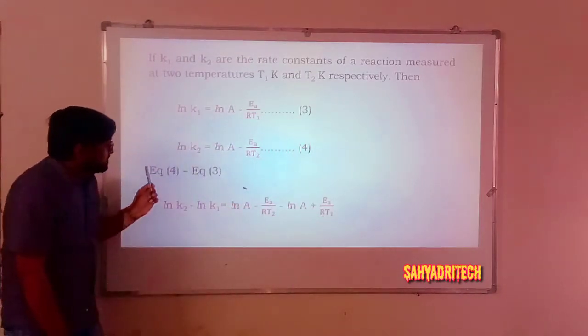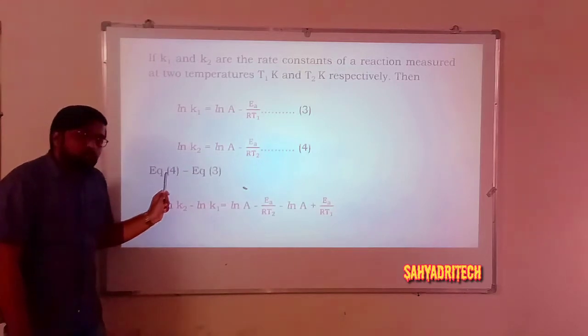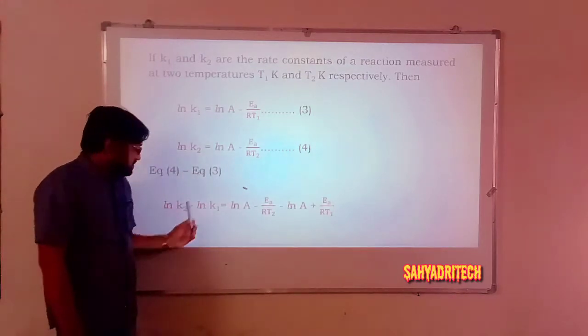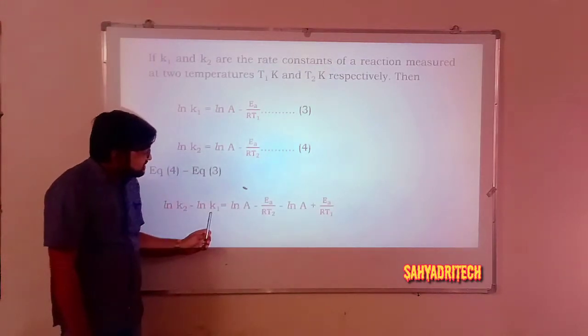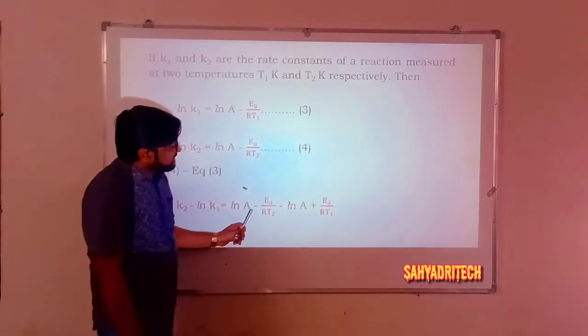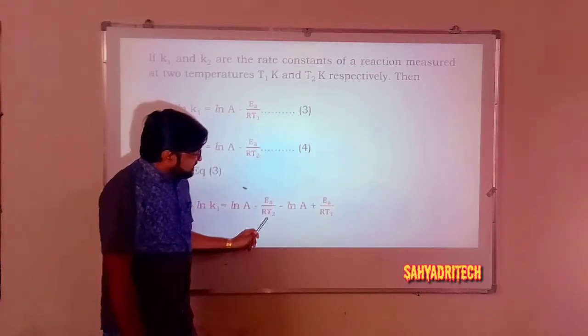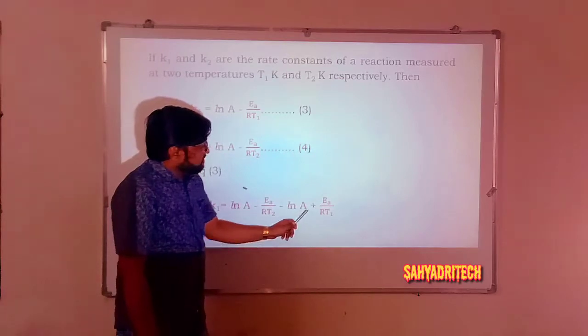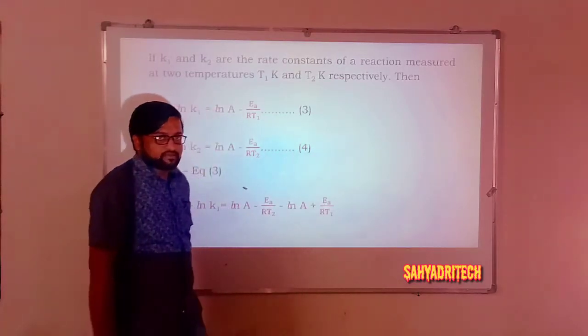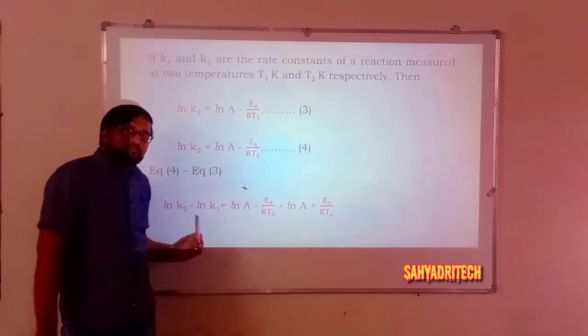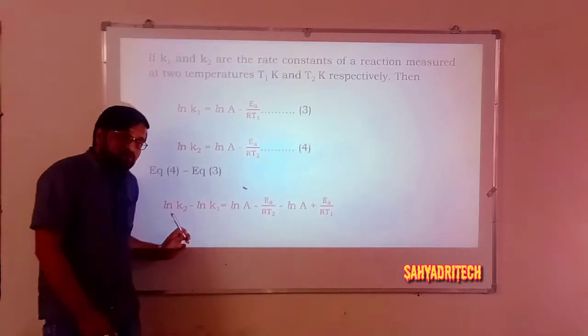So we are going for equation 4 minus equation 3. So ln K2 minus ln K1 is equal to ln A minus Ea by RT2 minus ln A plus Ea by RT1.